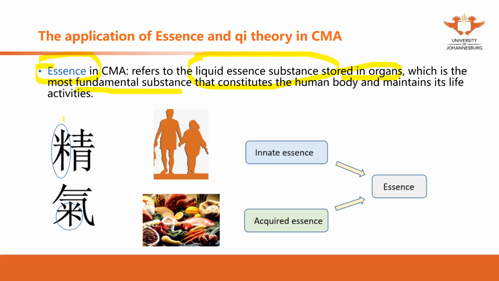Essence, or jing, that's the Chinese writing of jing. This is the Chinese writing of qi. The essence and qi, that's how we write. When you see the blue circle here and this one at the bottom, you will see they have a similar shape.